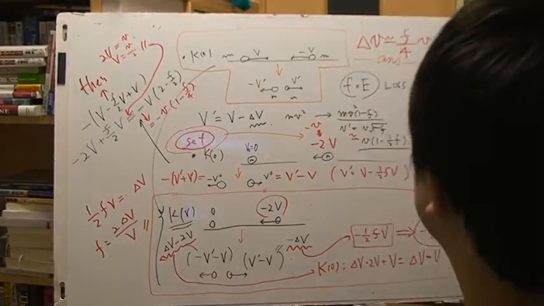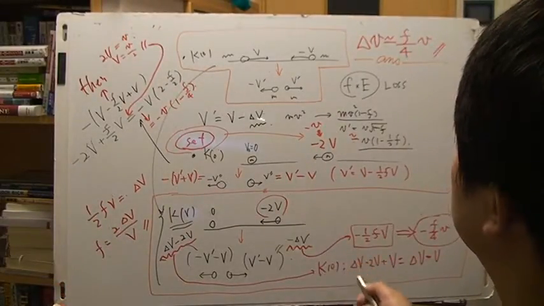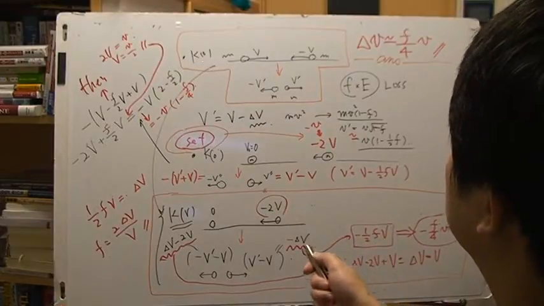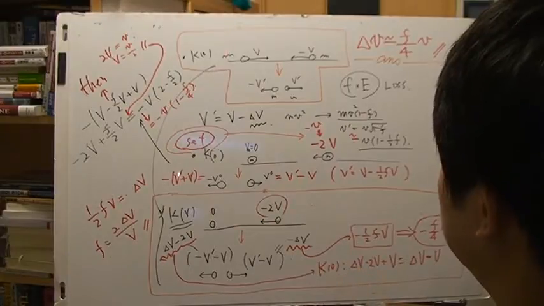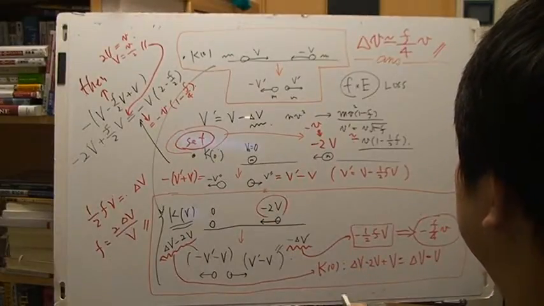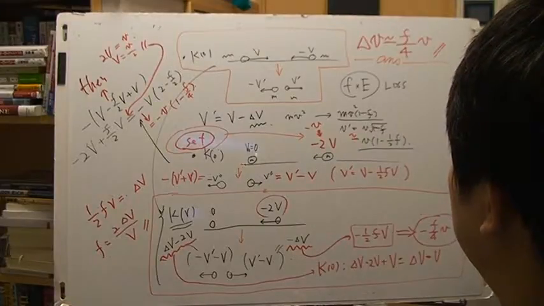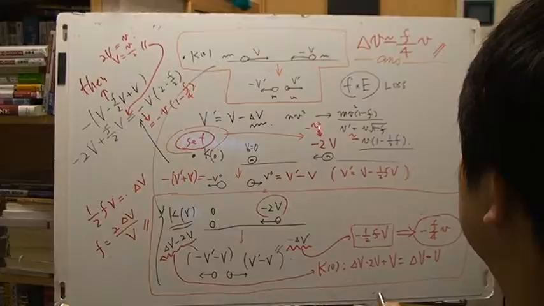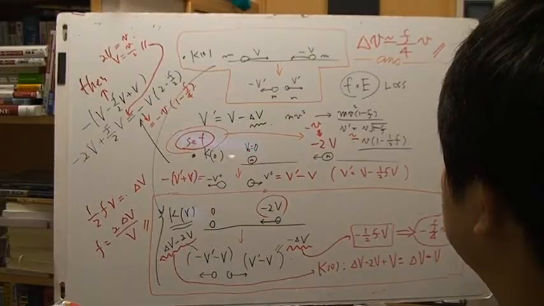So this is the first trial, and this is the next trial, and this is a problem. One is stable and the other is minus v towards the one.